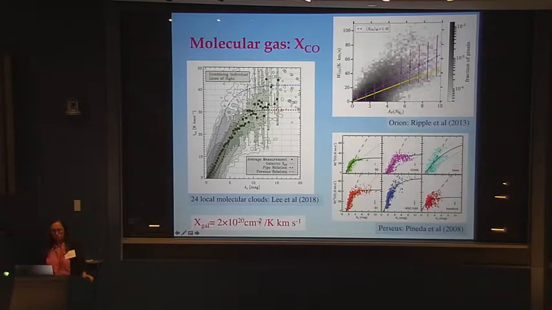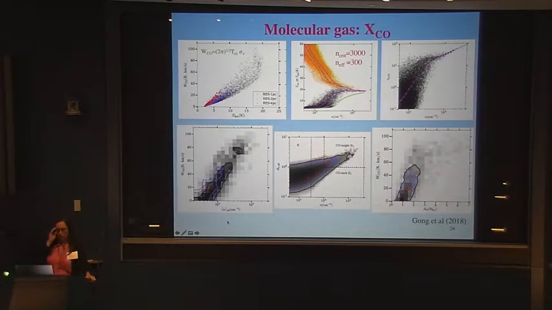The units are because you're multiplying something that's Kelvin kilometers a second by this factor in order to get a column density of hydrogen per square centimeter. Okay, so why is XCO at all physically meaningful?